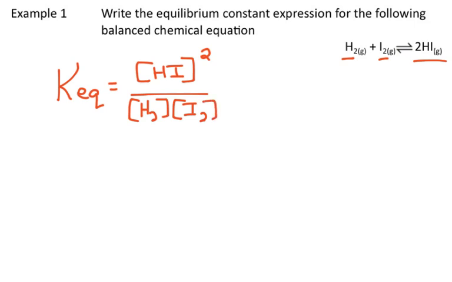Notice that the 2s that are subscripted do not change. Those are part of the substance. They don't move anywhere. Notice also that when we have multiple reactants or multiple products, those concentrations get multiplied. A common mistake would be to put H2 plus I2. It's not adding, it's multiplied. So that is the proper KEQ equation here.